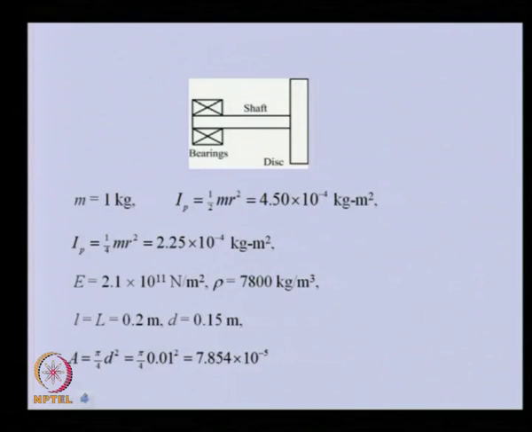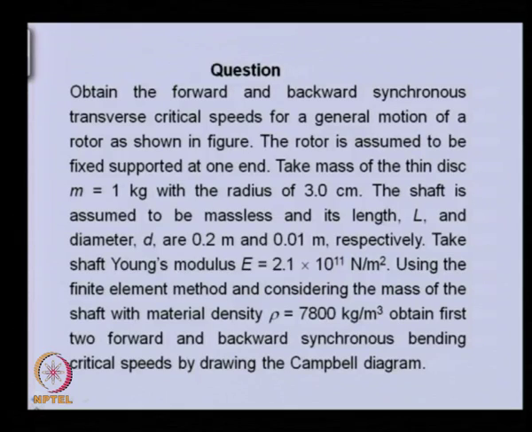So basically we have taken the same cantilever shaft with a disc, and various properties are given here. We have given all the properties, mass and stiffness, and in this we need to obtain the Campbell diagram and obtain the critical speeds.